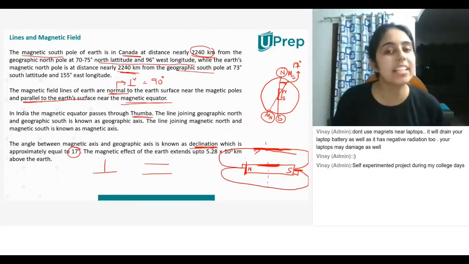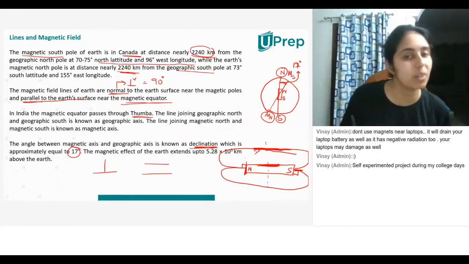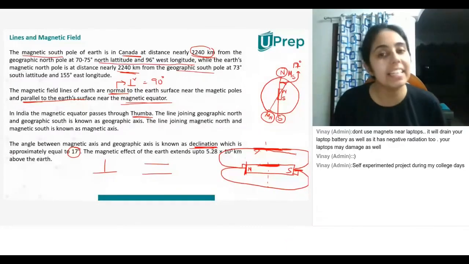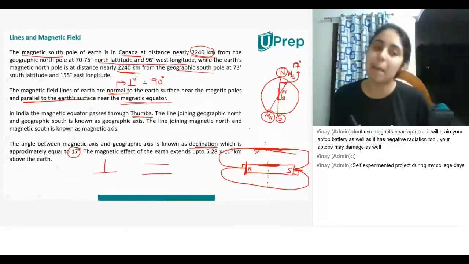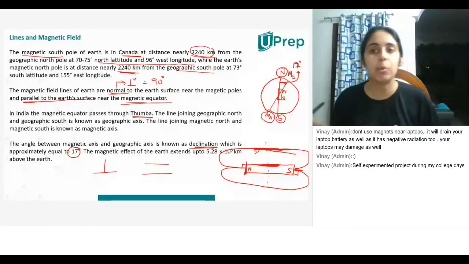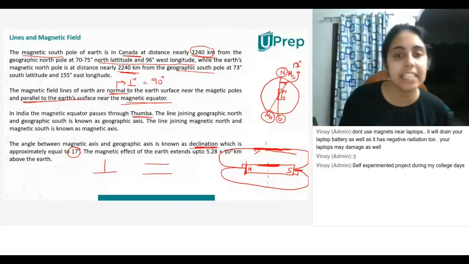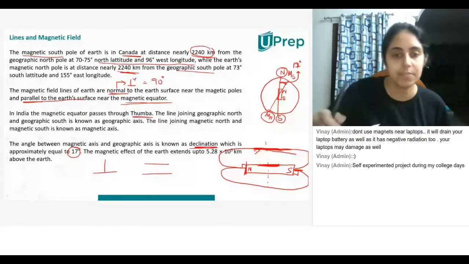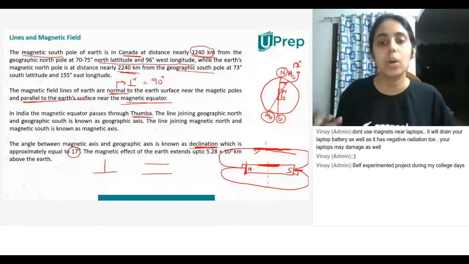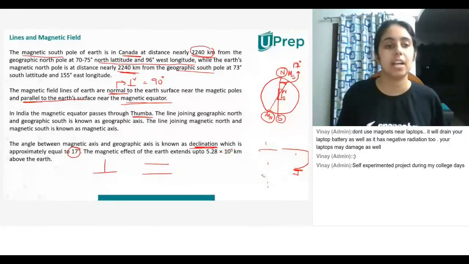The line joining the geographic north and the geographic south is known as the geographic axis. The line joining the magnetic north and the magnetic south is known as the magnetic axis. We've already seen that the angle between both these axes is 17 degrees and it's known as declination. And the magnetic effect of the Earth extends up to 5.28 into 10 to the power 5 kilometers above the Earth.